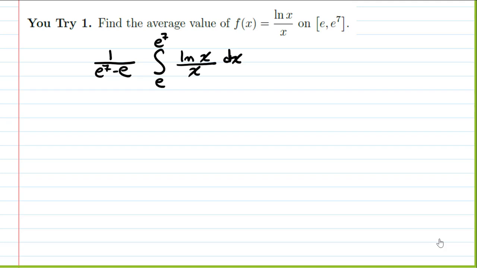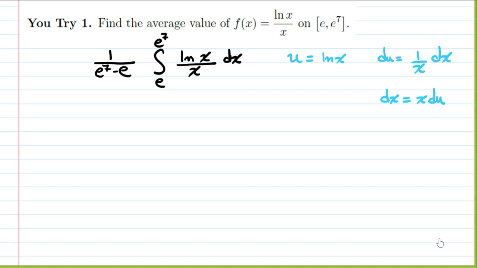So we need to find our antiderivative, and to do this, we're going to need to make a u substitution. So we let u equal the natural logarithm of x, then our derivative du is 1 over x dx, or solving for dx, we get dx is equal to x du.